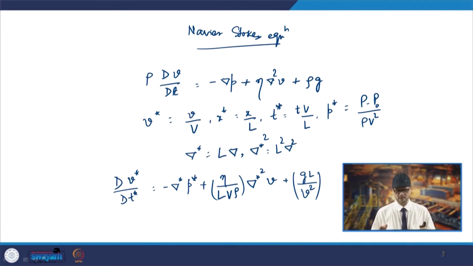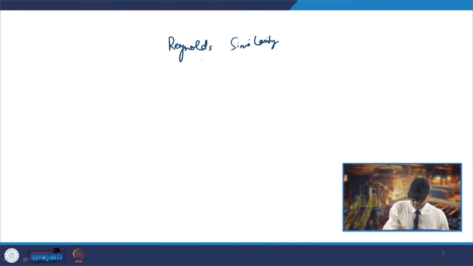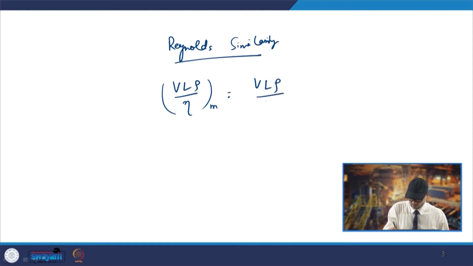Now, if you talk about the Reynolds similarity, that is why you have the Reynolds similarity as well as the Froude similarity which is coming up, and you have to maintain that. So, if you try to see the Reynolds similarity, V L rho upon eta of the model should be equal to V L rho upon eta of the prototype.